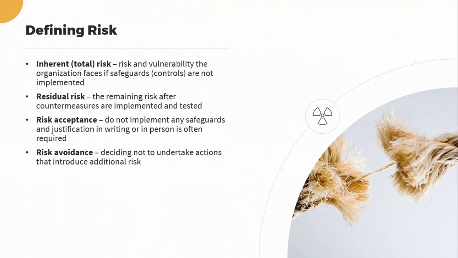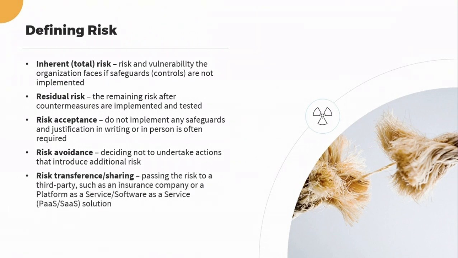For example, not storing certain types of privacy data in the cloud, or not choosing a particular physical location for your data center. Risk transference or risk sharing is passing the risk to a third party, such as an insurance company with a cybersecurity binder, or maybe choosing a platform as a service or software as a service solution. Another way to transfer risk is to share a cold or hot disaster recovery site with another organization.